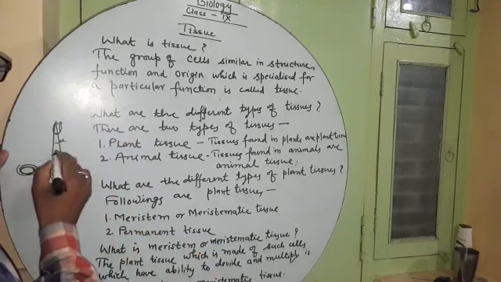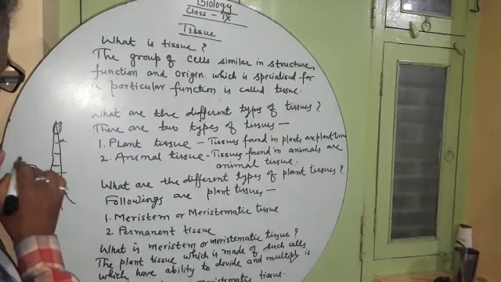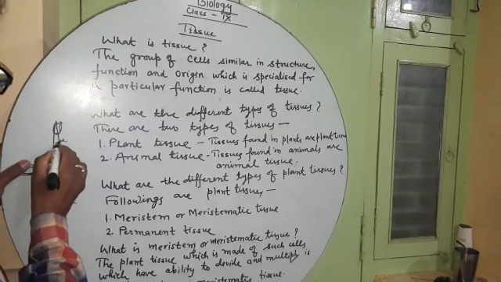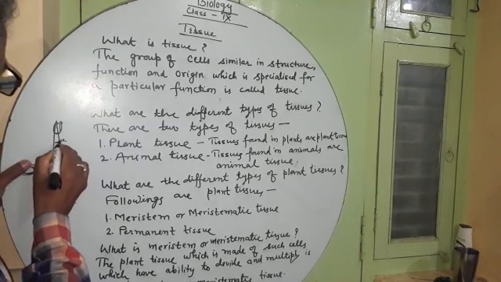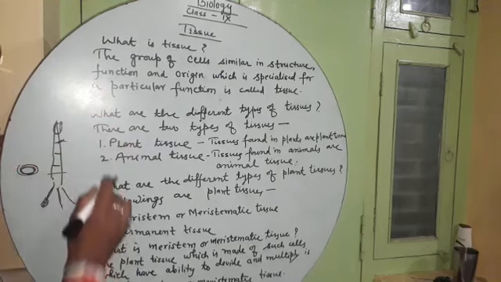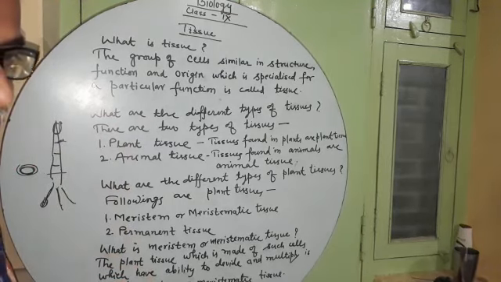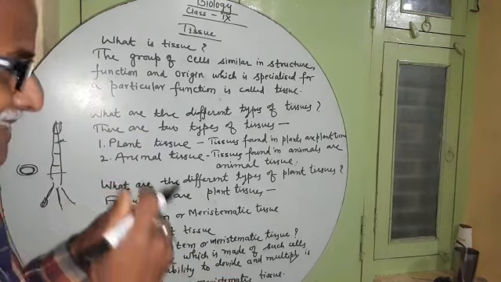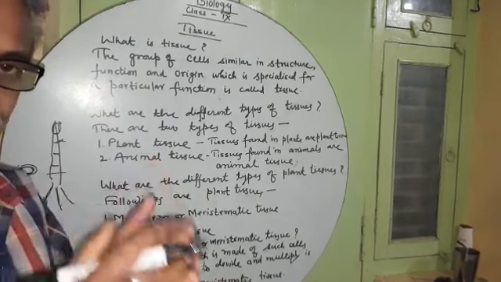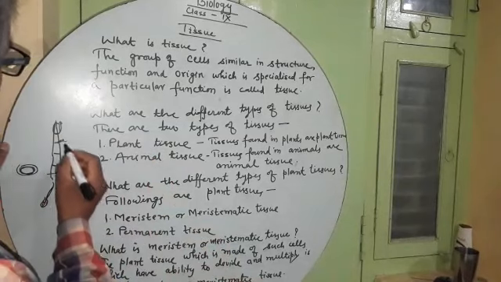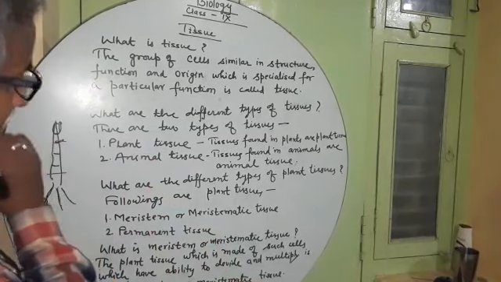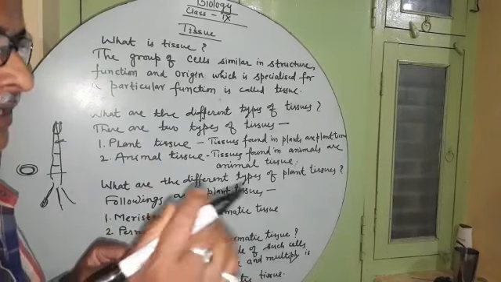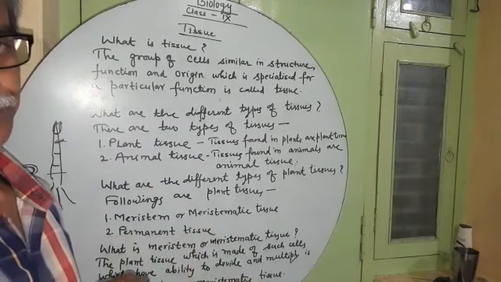The cells which are found at this node where branches grow, leaves grow, these cells have the ability to divide, and so this tissue made up of such cells is called intercalary meristeme.